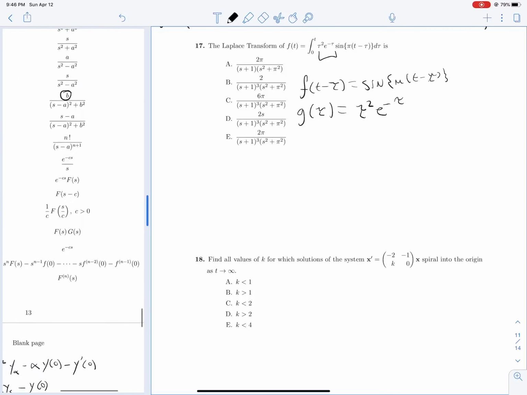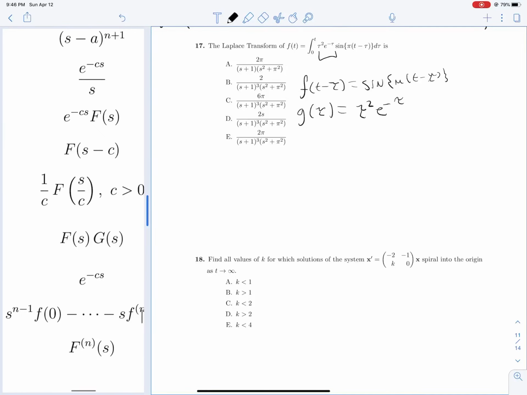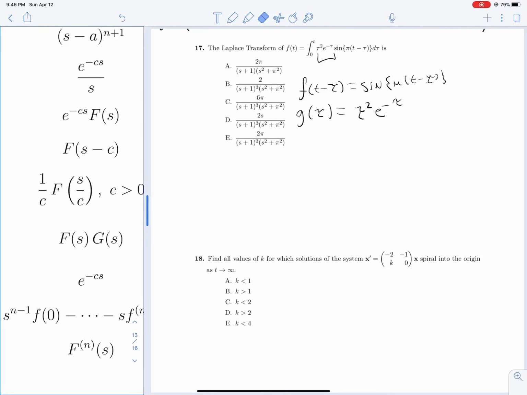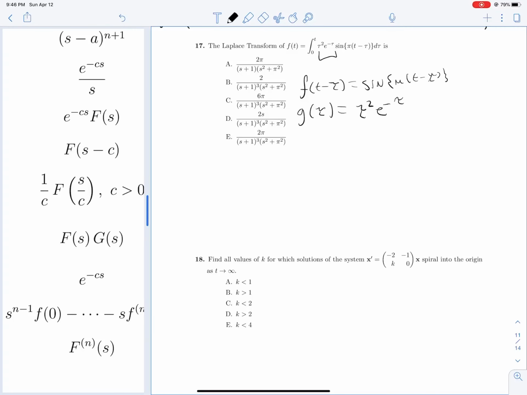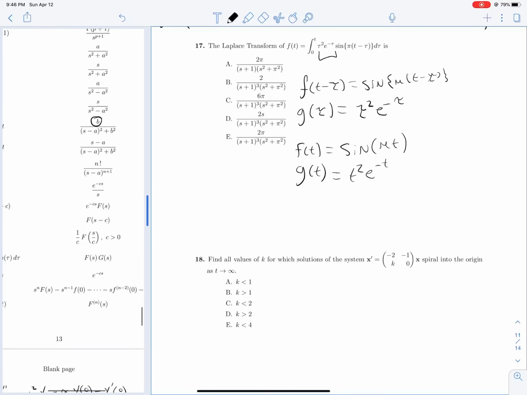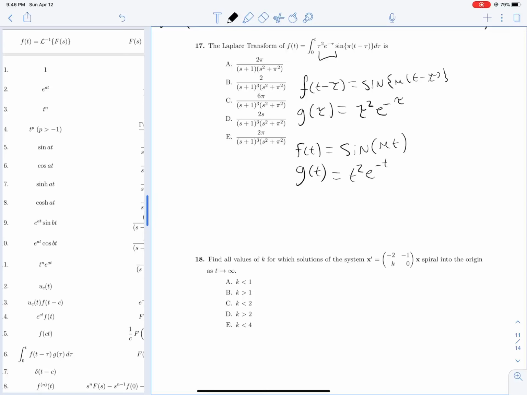And the Laplace transform of this is just the Laplace transform of f of t, which we know to be called F of s, multiplied by the Laplace transform of g of t. So let's rewrite these. We have f of t as sine pi t, and g of t is t squared e to the negative t. And we have individual rules for both of these, and we can just multiply things together at the end.